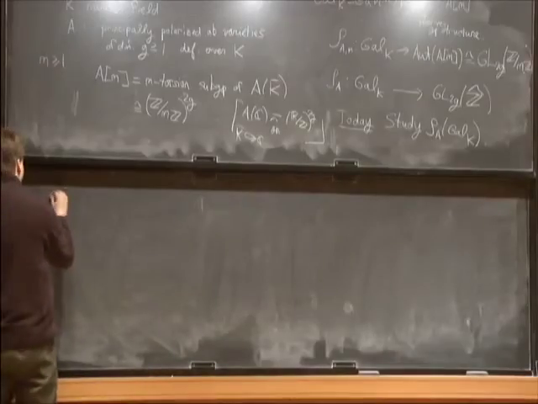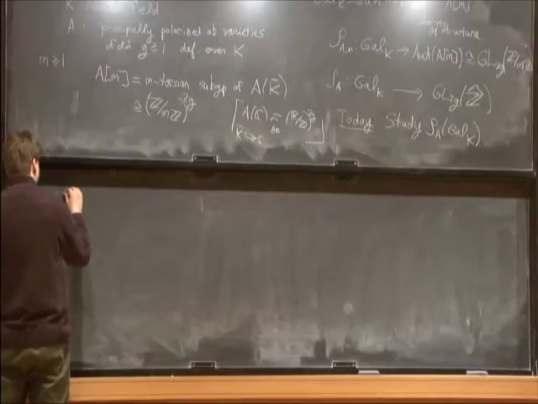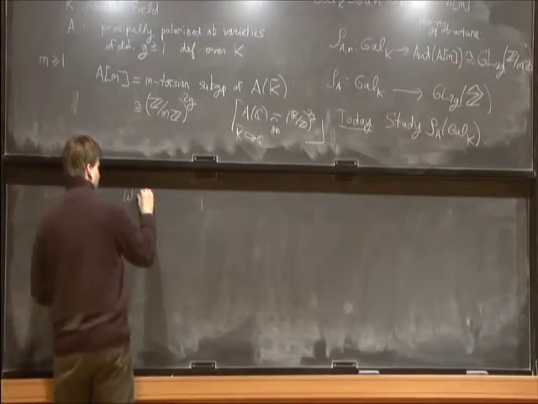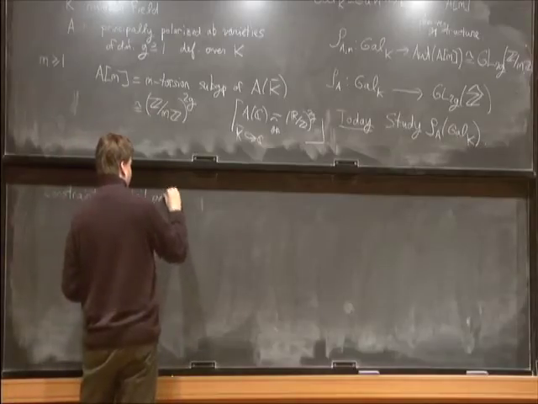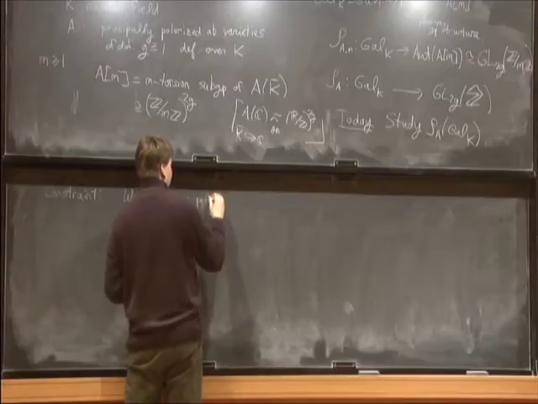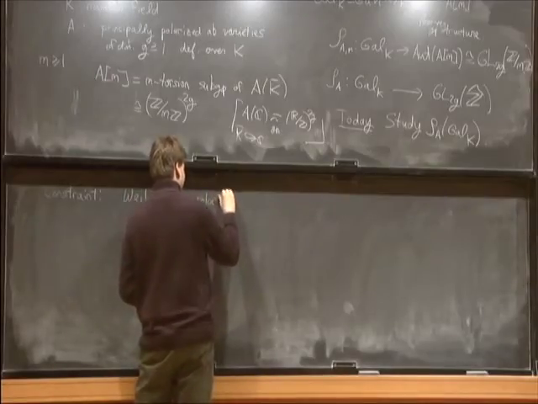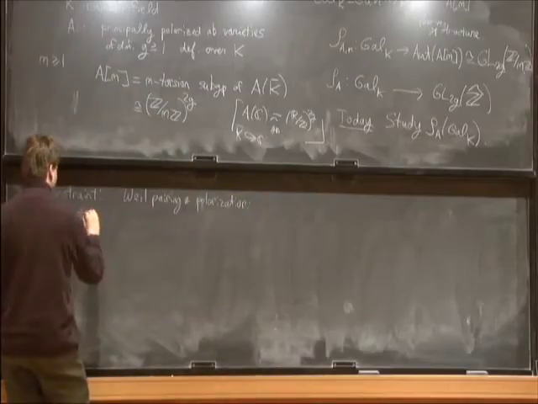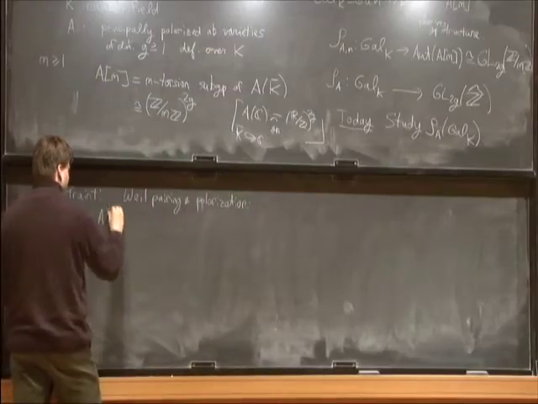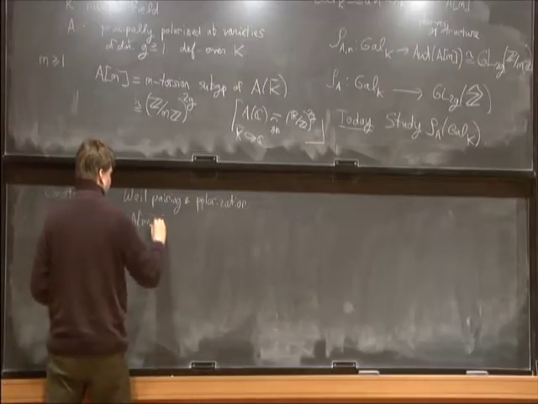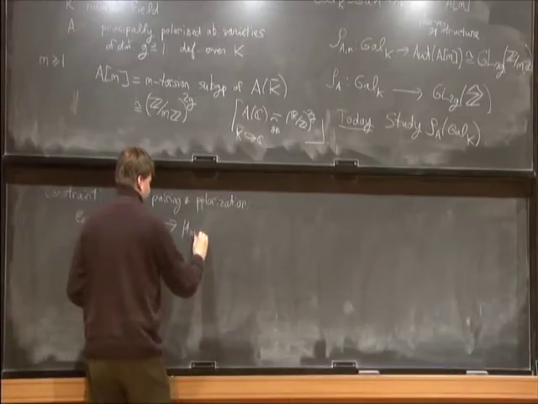Okay, so there's a constraint, and that comes from the Weil pairing. So we have a Weil pairing on our abelian variety, and we can also have our polarization, our principal polarization. And together they give a pairing for each integer m from the m-torsion to itself into the m-th roots of unity.